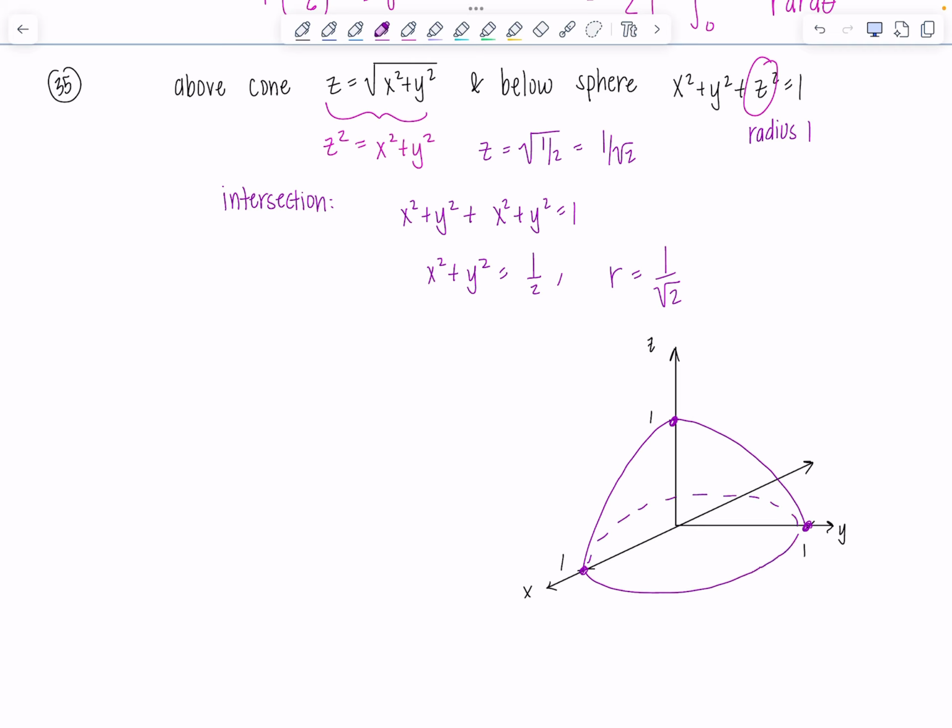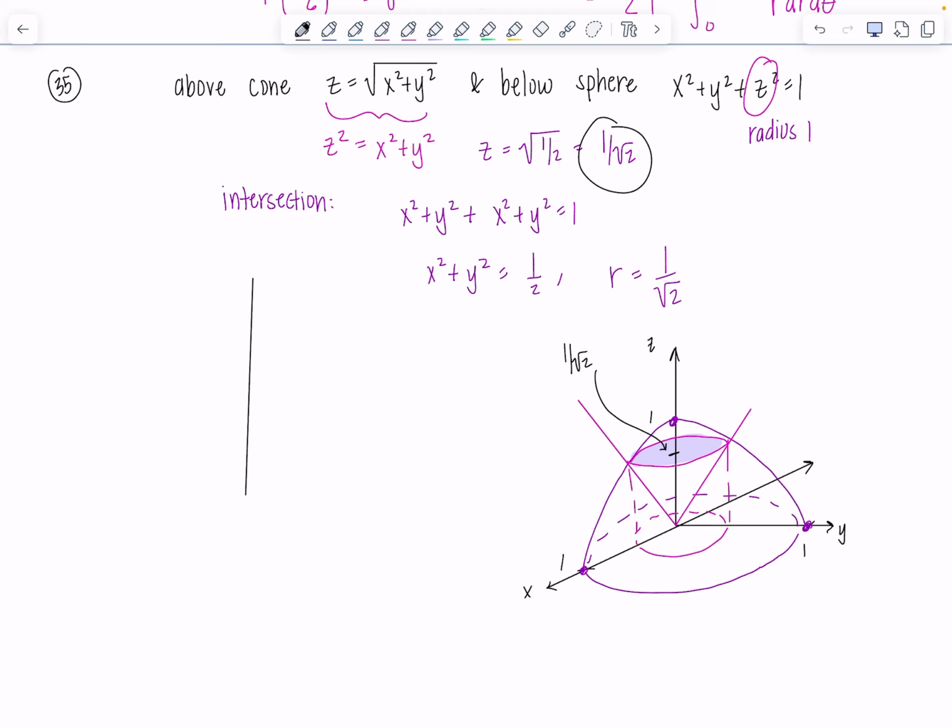And then the cone is opening upward. Okay. And then they're going to intersect in a circle when Z is equal to 1/2. Very good. And then this is the base region that we're going to integrate over. Imagine it like projected down in the XY plane. That's what we're going to integrate over.